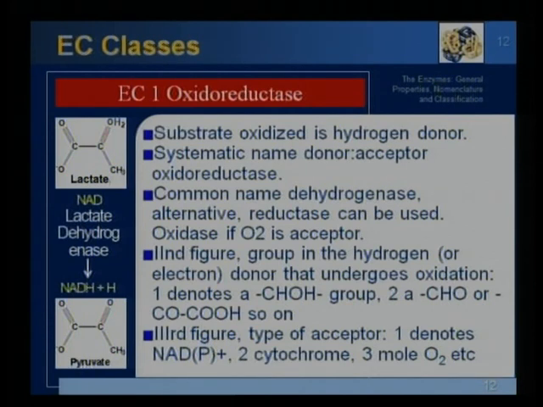In the same way, oxidoreductases are further classified at a third level, wherein the third figure is selected on the basis of the type of acceptor. If NADP is the electron acceptor, then the number is 1. If it is cytochrome, it is 2. Number 3 stands for molecular oxygen serving as the acceptor.